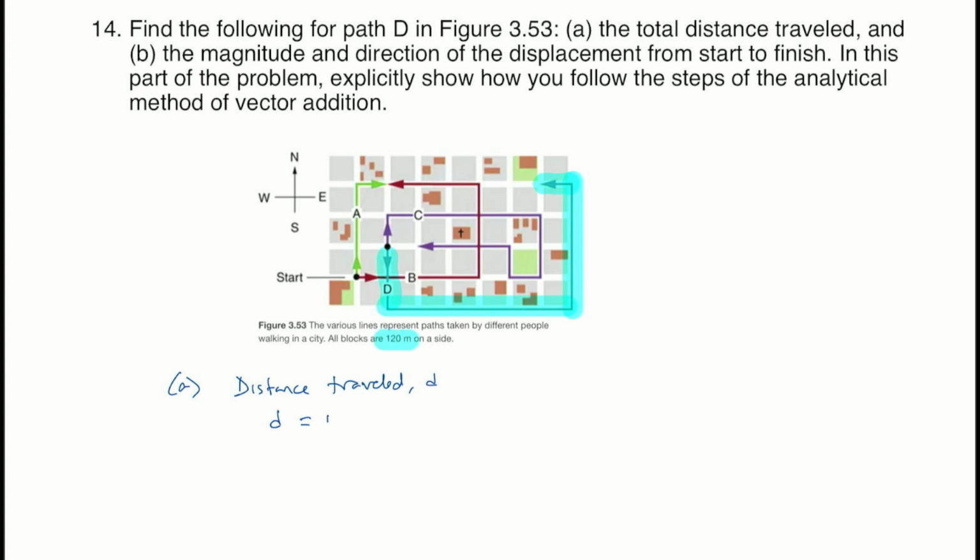So we're going to have 120 meters times the 2 blocks down, plus 6 blocks east, plus 4 blocks north, plus 1 block west. And so that's going to be 120 meters times 13 blocks total.